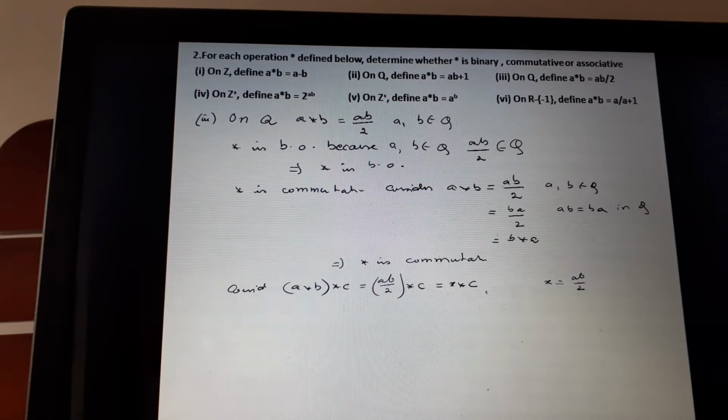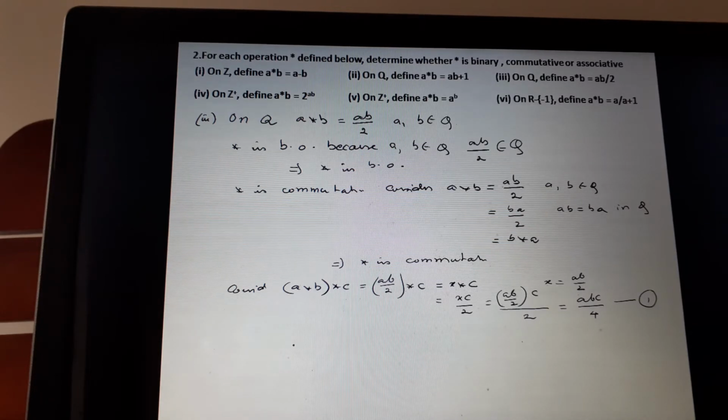But what is x star C? This equals xC by 2. But x itself is AB by 2. So I have to write (AB by 2) times C divided by 2, which is nothing but ABC divided by 4. Let us call this 1.